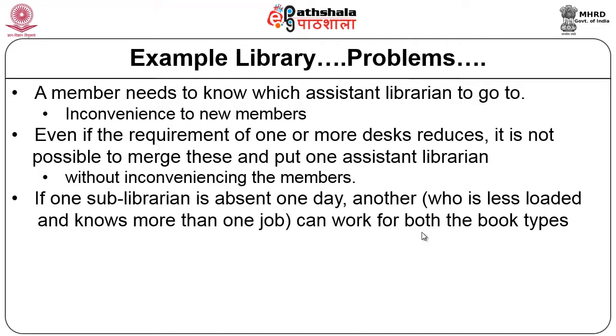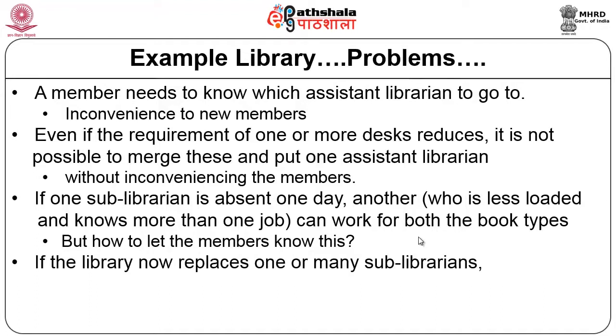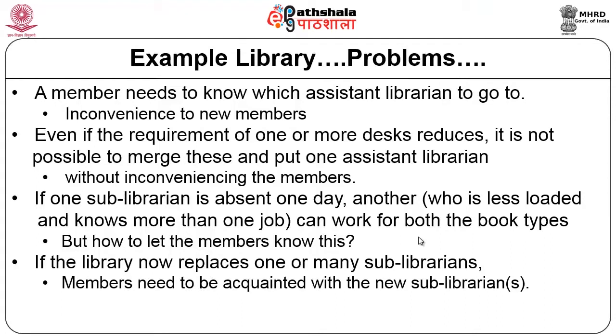If one sublibrarian does not come, then can we ask another sublibrarian who knows this subject of books also to handle it? Same problem will happen, that the members will not be aware of this. Now, if a library wants to replace one assistant librarian with another librarian, it will greatly inconvenience the members.